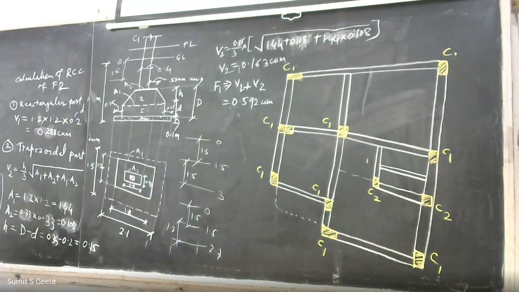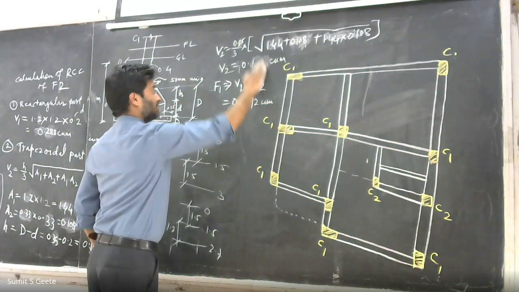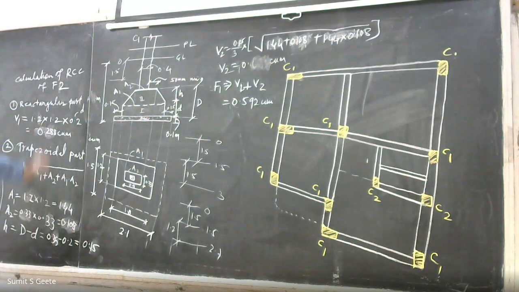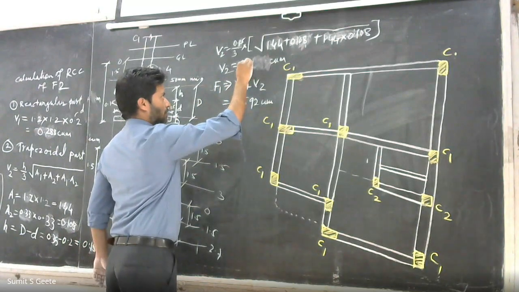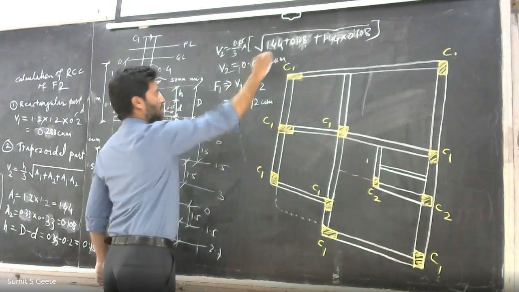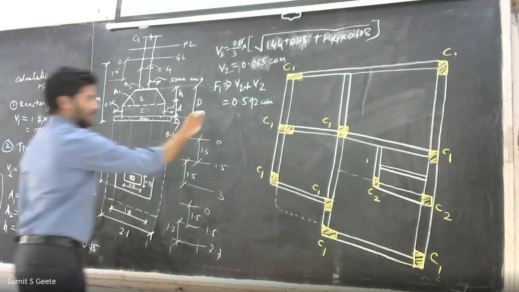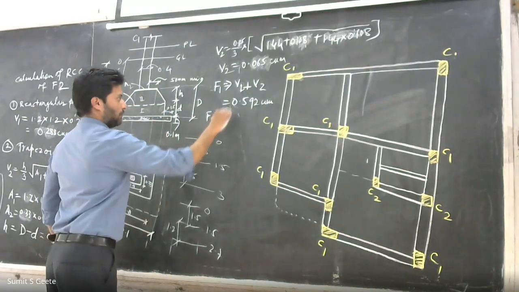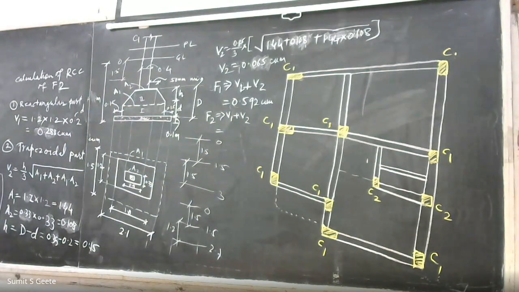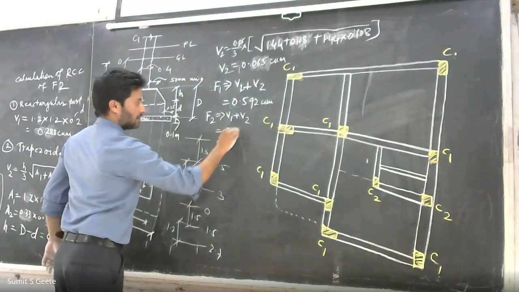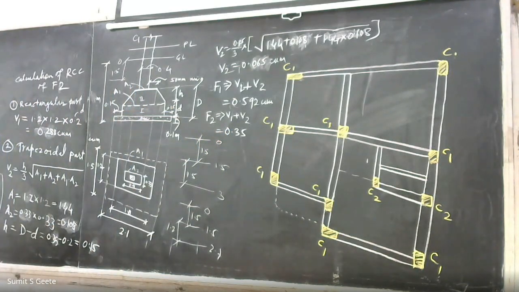So what is it? 0.065, check it. And this add to V1 plus V2. 0.88 plus this 0.3, cubic meter, right?